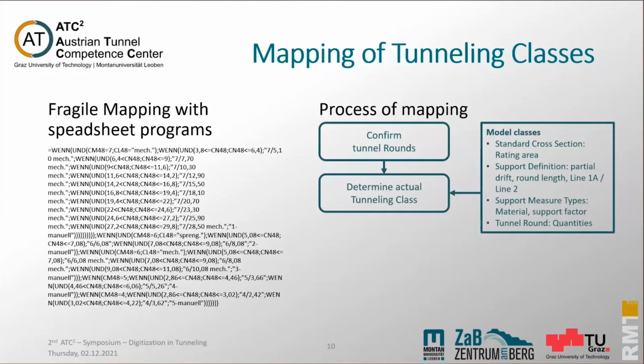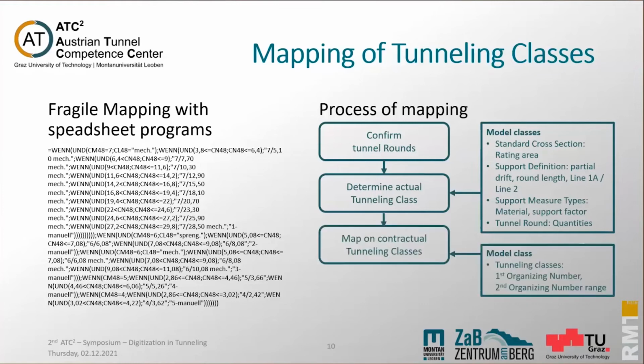Then the system automatically finds the contracted tunneling classes for the measurement items. In Teams, the measurement items can be created for the excavation items and the support measures. If measurement items for working hours are used, we can also take that into account. And then we create the measurement items.